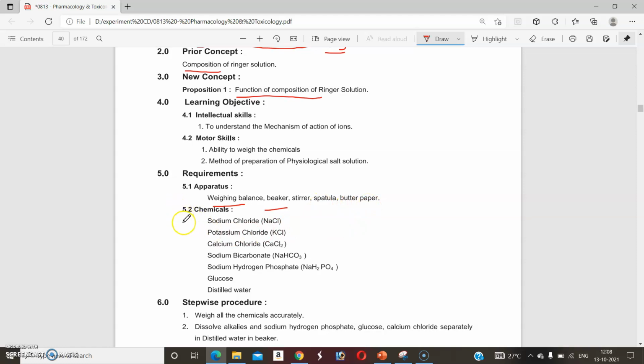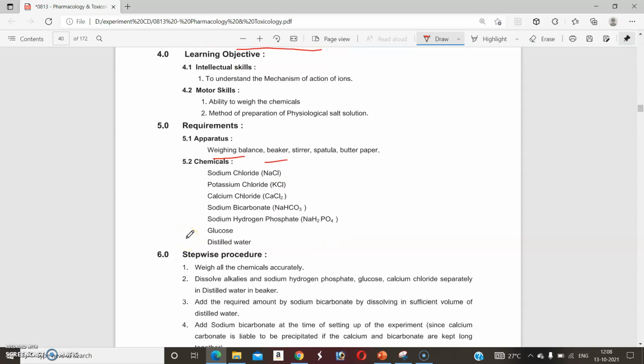And here is the very important list of chemicals which are needed to prepare this physiological salt solution. Number 1 is sodium chloride. Second, potassium chloride. Number 3, calcium chloride. Number 4 is sodium bicarbonate.